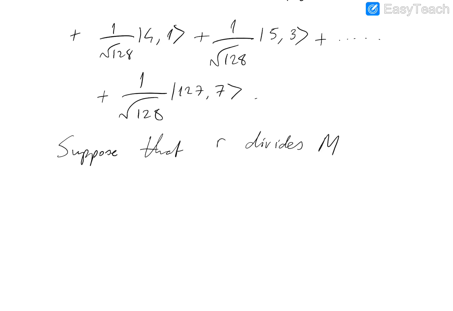Okay, so m here is the dimension of the input vector, which is of size at least n squared, and n is the number that we want to factor. Remember that we are trying to solve the integer factorization problem.